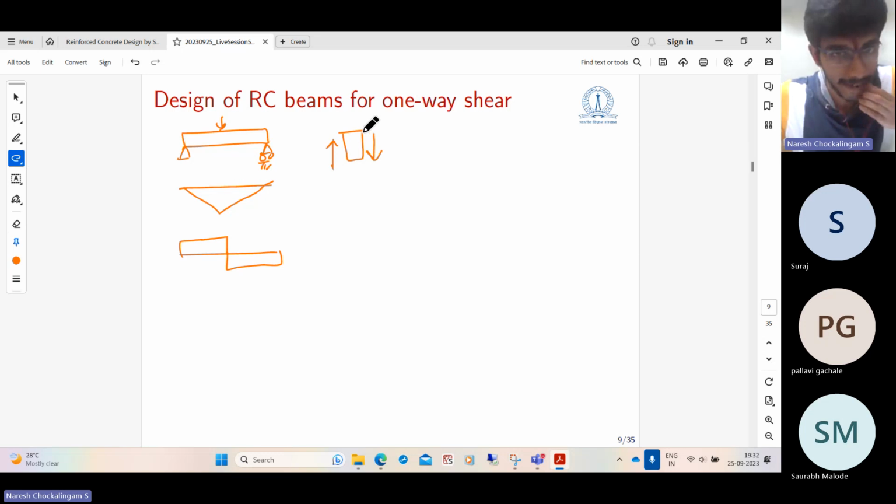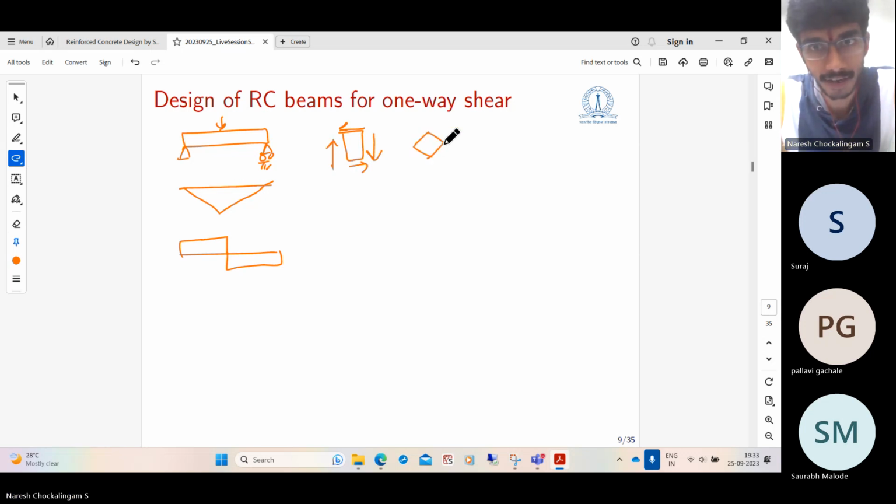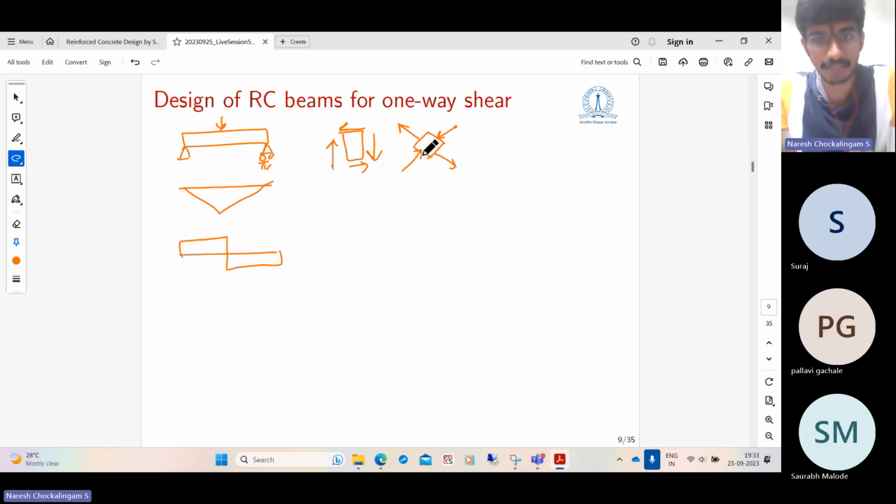If you transform this state of stress to a coordinate axis like this, it causes tension in this direction and compression in this direction. So this is the case of pure shear.